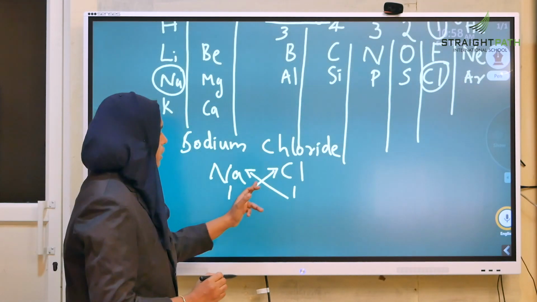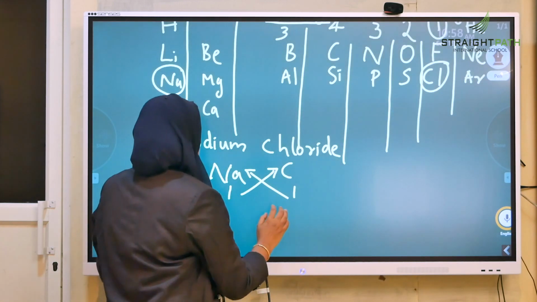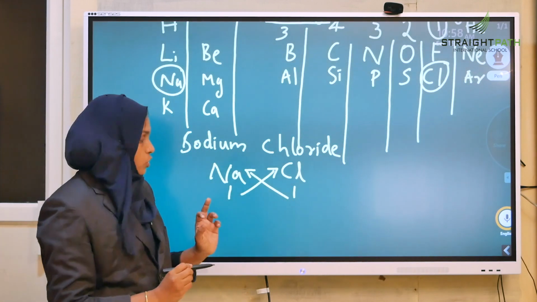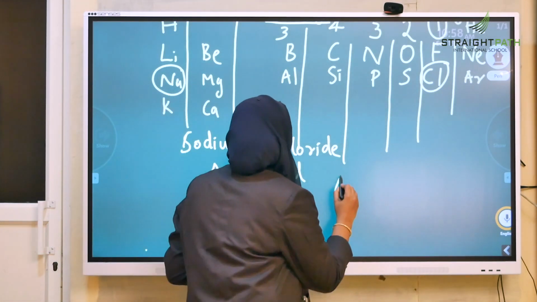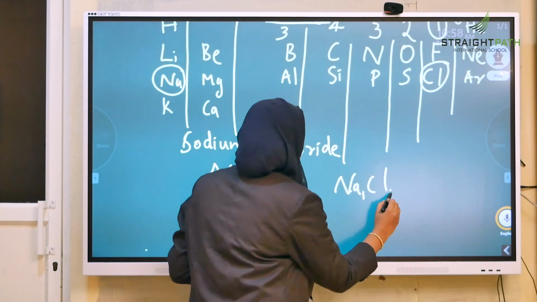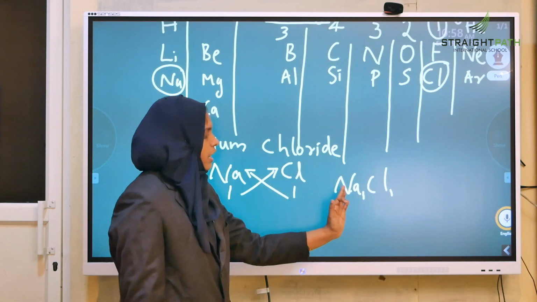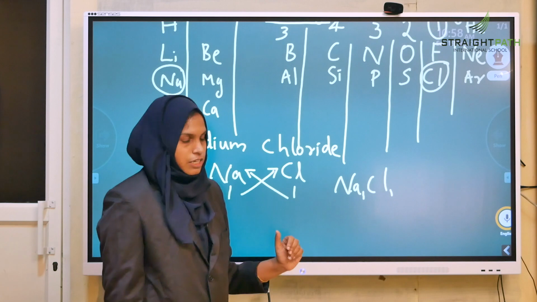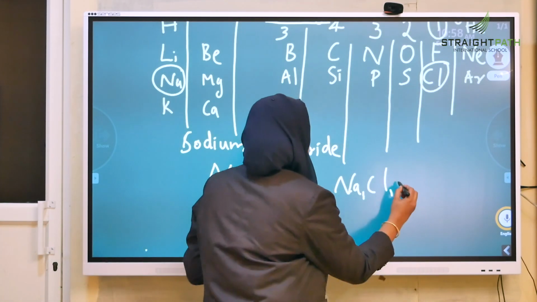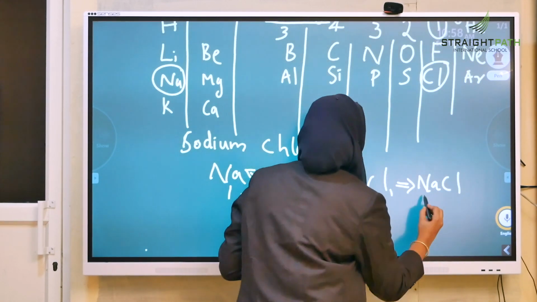This one comes down to chlorine and this one goes forward to sodium. Then the symbol for sodium chloride is Na1 Cl1. It is understood that if we write the chemical formula as such, one atom should be there. So we can omit the 1 and write the formula of sodium chloride as NaCl.